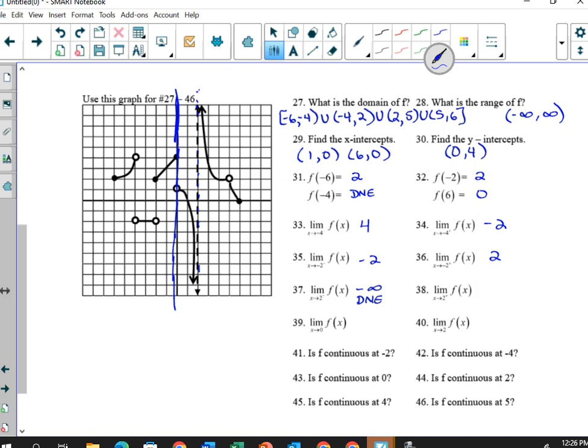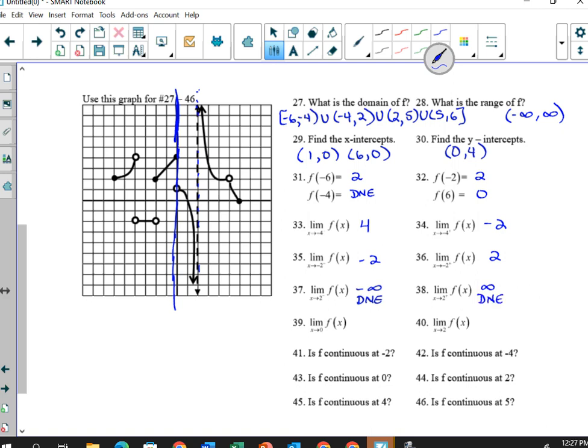The reason we say DNE is, is negative infinity an actual defined number? It is not. So that's why we include that. But you can tell me, hey, I know what direction it's going. It's going down, but I know the limit really doesn't exist there. Okay? So what would you say for 38 then? There you go.